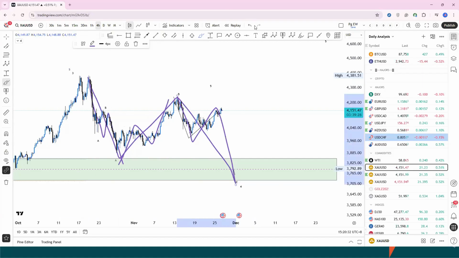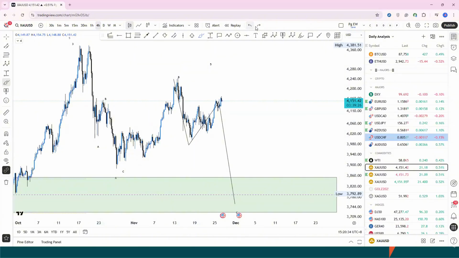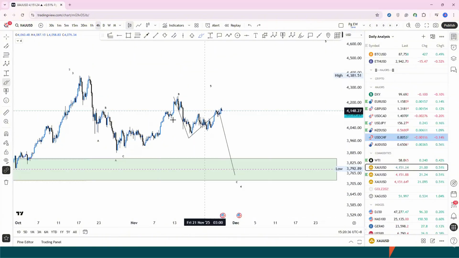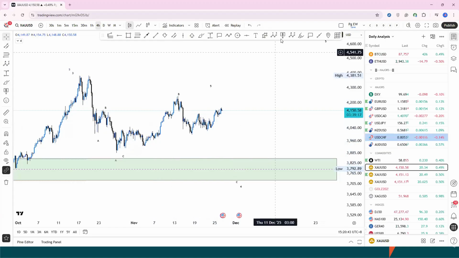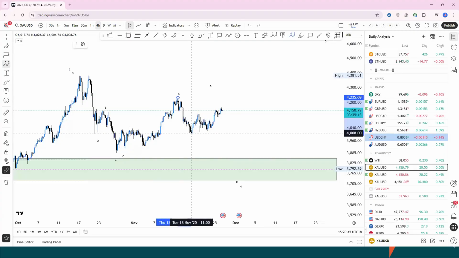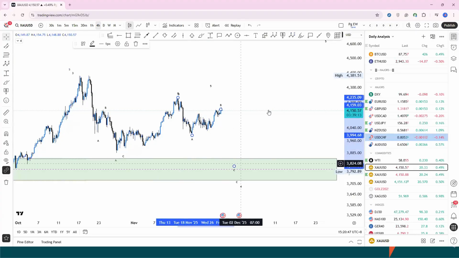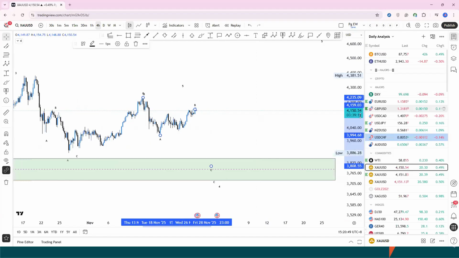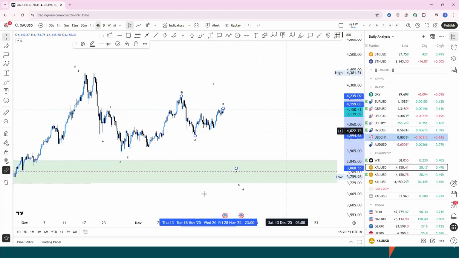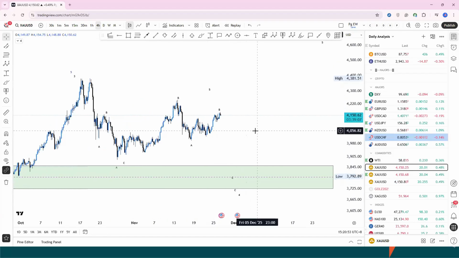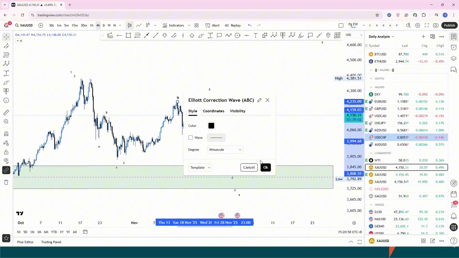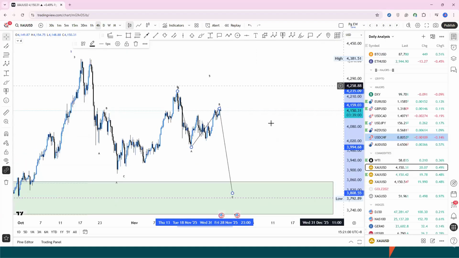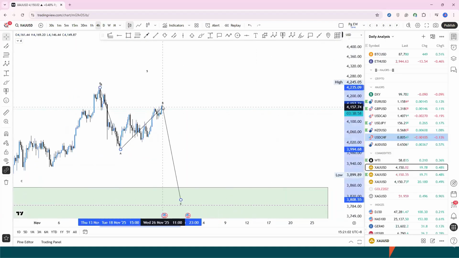Okay, so if this one is gonna be another ABC, which is from here to make A, B, C to complete the ABC and the wave 4, which is here.